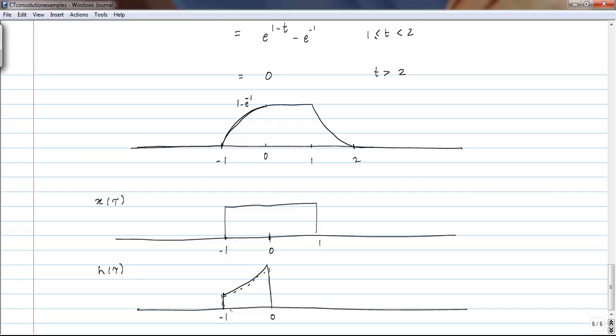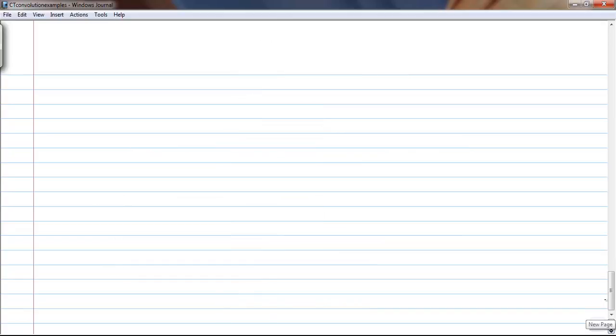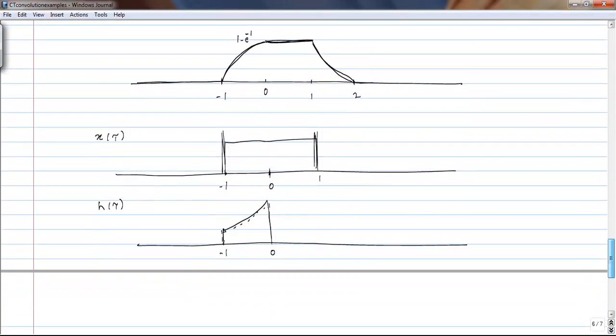If this function is strictly contained within this window, then the value should not change at all. That's why this stays constant at 1 minus e to the minus 1, and after that the overlap starts to decrease, so the function decays to 0. Okay, I think it's a good idea to check your result and make sure that it matches what you expect it to do.